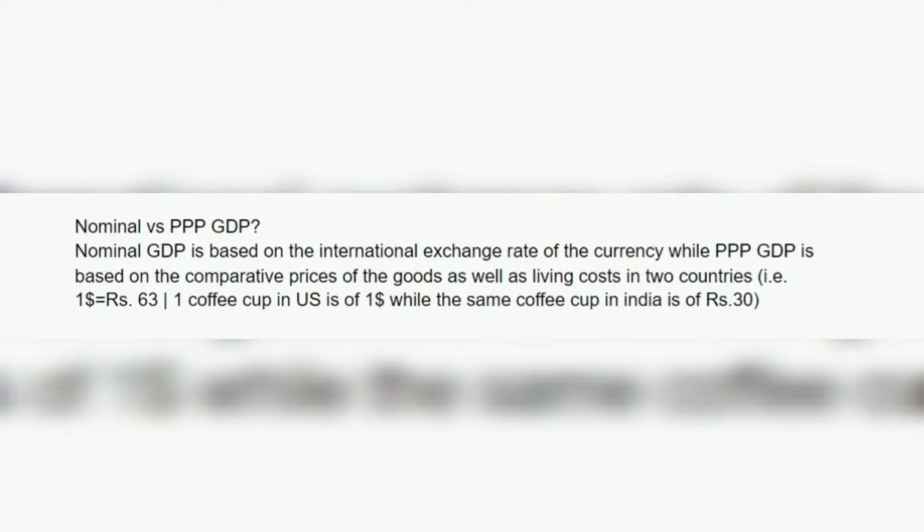Let me explain it by an example. The exchange rate of US dollar with Indian rupee is $1 equals 63 Indian rupees. So that is an exchange rate, but the price of one coffee cup in US is $1, while the same coffee cup in India is 30 Indian rupees. What does it mean?